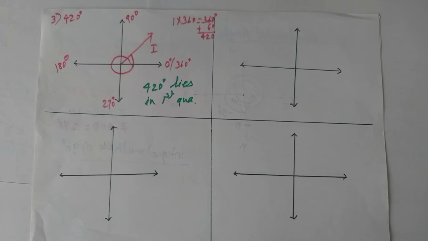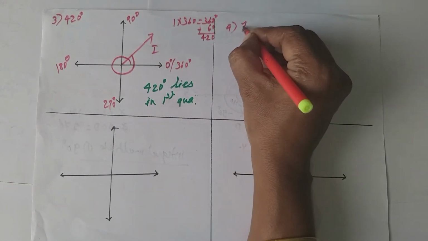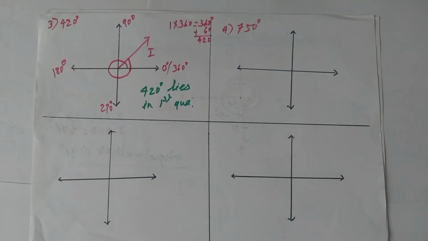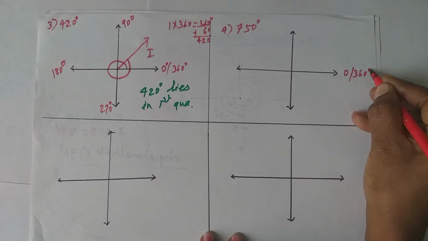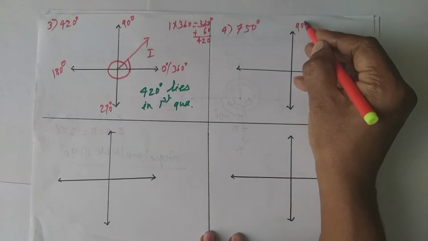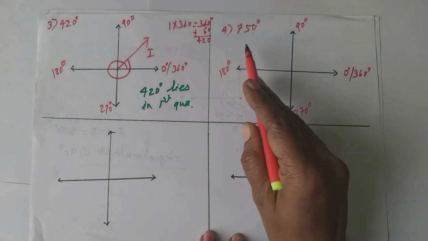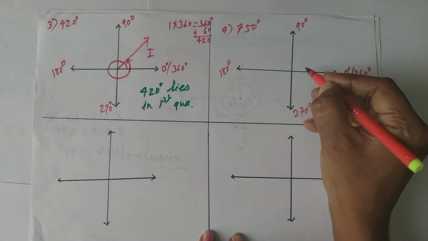Suppose an angle of 750 degrees is given. See the next example. 750 degrees given. Now again you write down here 0 or 360 degrees. Here 90, 180, 270. Now the angle is positive, so again we have to rotate in the anti-clockwise direction.